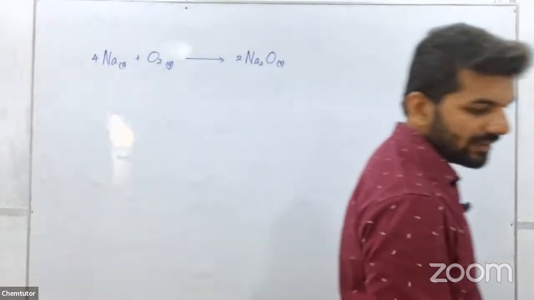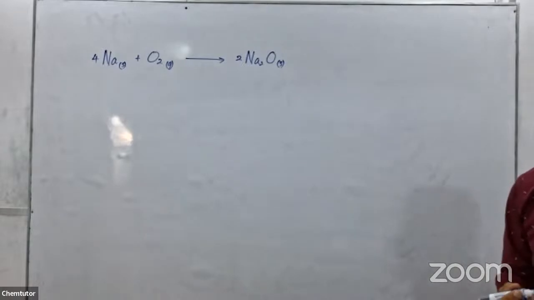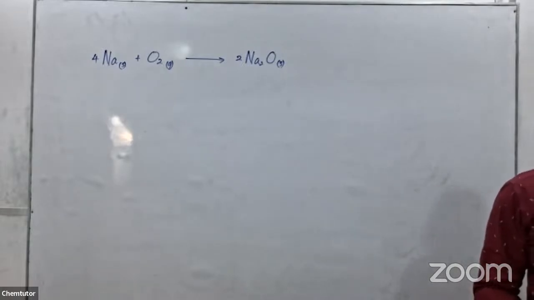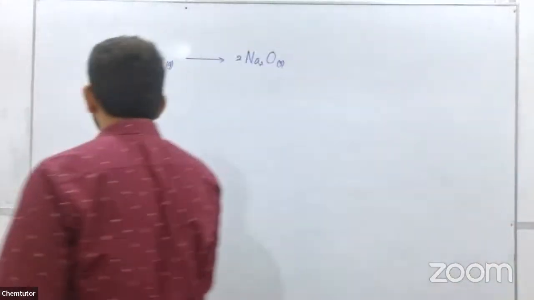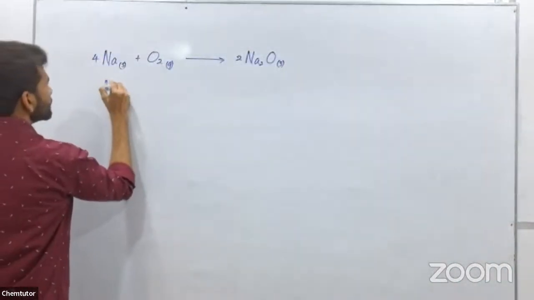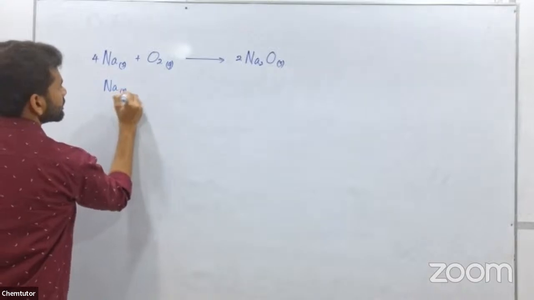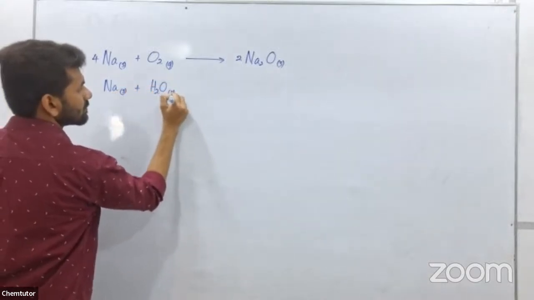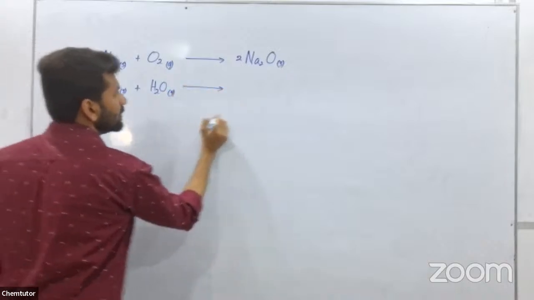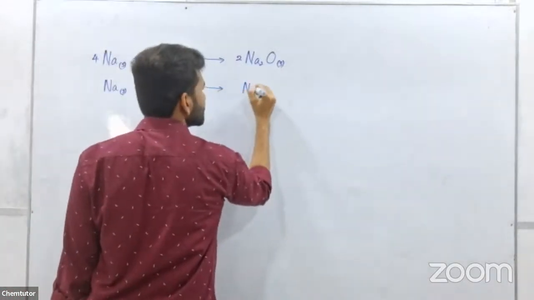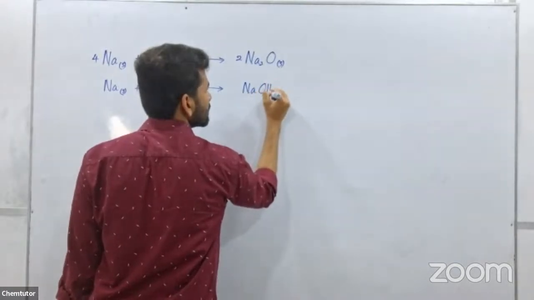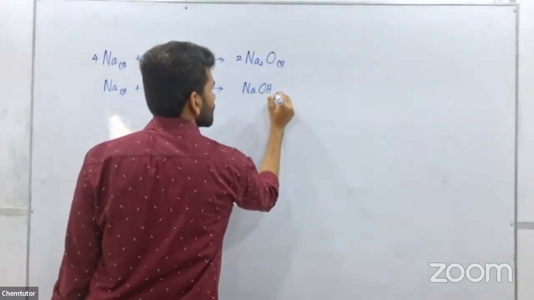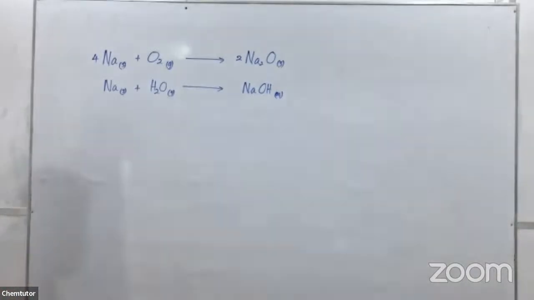Then in the atmosphere, in air, we have water vapor. Therefore, sodium will react with water vapor. So it will give sodium hydroxide. Is it clear?